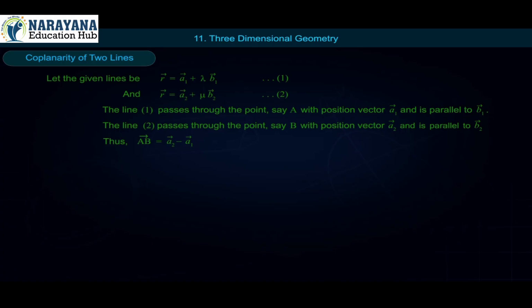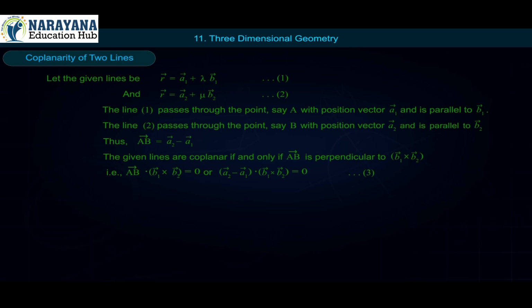Thus, vector AB is equal to vector a2 minus vector a1. The given lines are coplanar if and only if vector AB is perpendicular to vector b1 cross vector b2. That is, vector AB dot (vector b1 cross vector b2) is equal to 0, or (vector a2 minus vector a1) dot (vector b1 cross vector b2) is equal to 0.